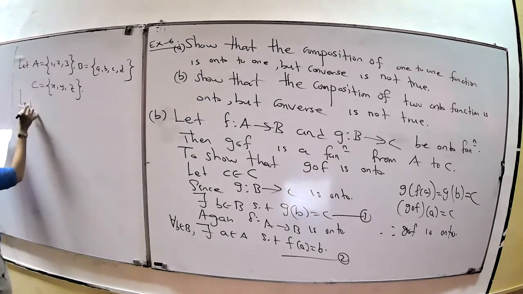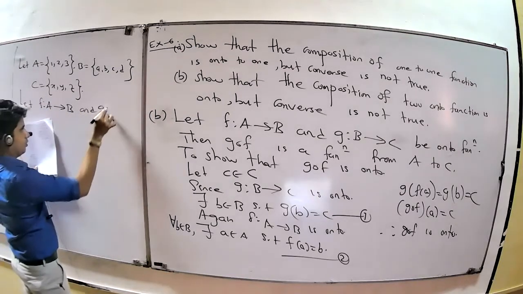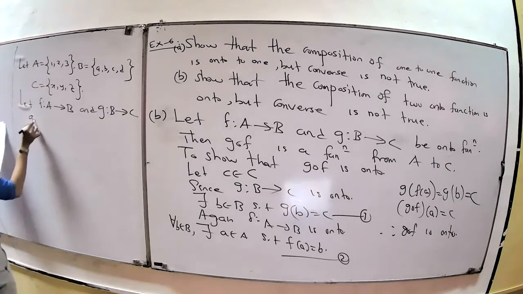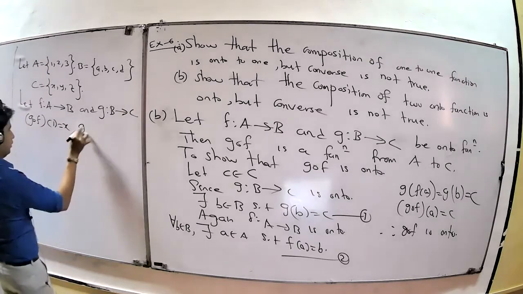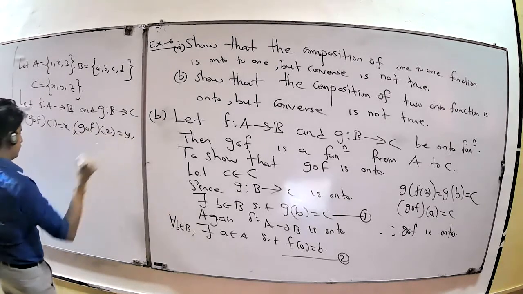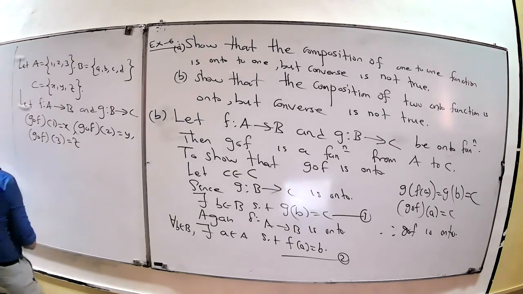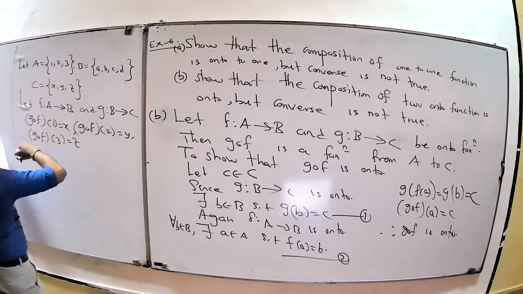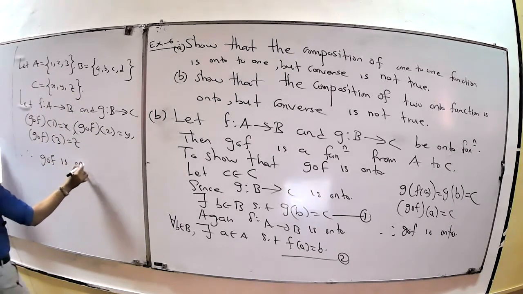Let f be a function from A to B and g another function from B to C. Here they define g composition f of 1 as x, g composition f of 2 is y, and g composition f of 3 equals z. Therefore, here it's 1, 2, 3 and x, y, z. Obviously this g composition f is an onto mapping.